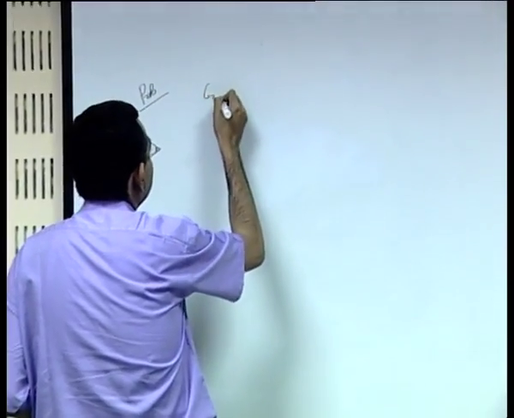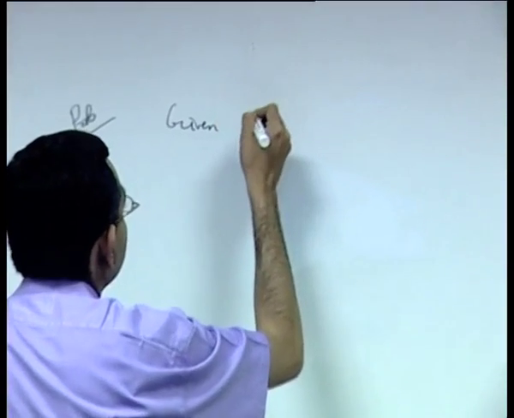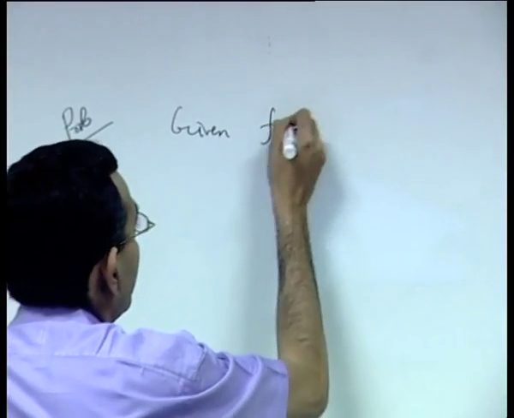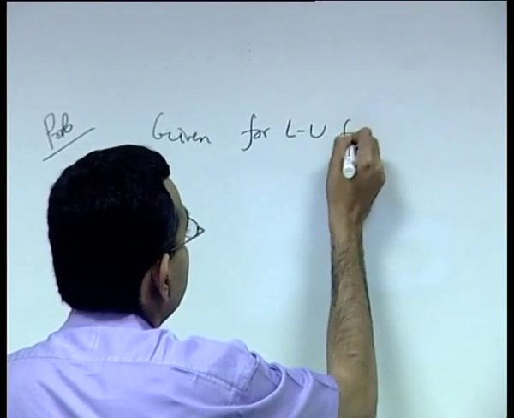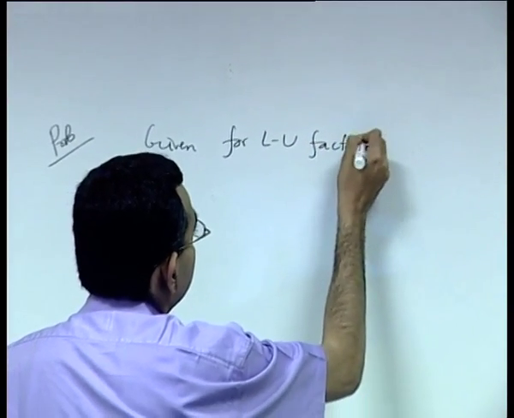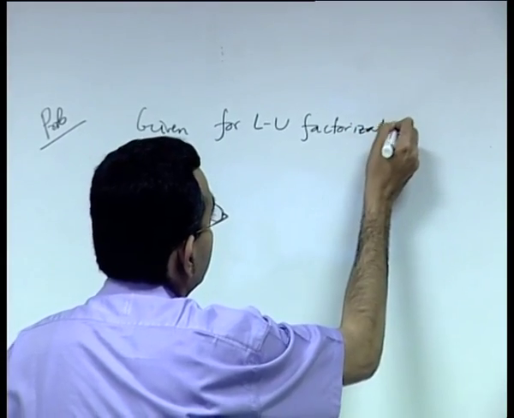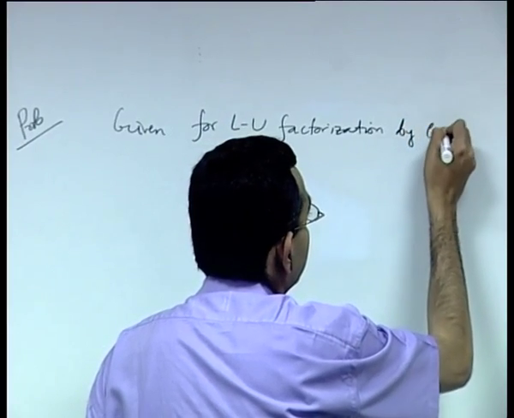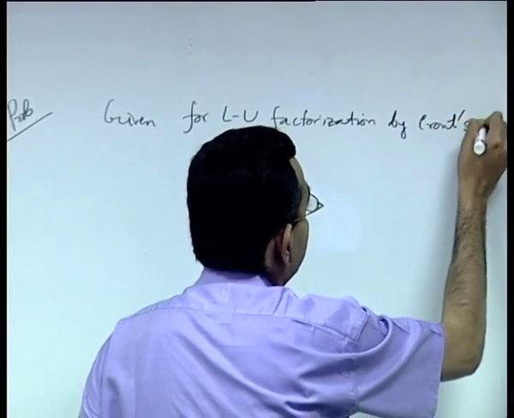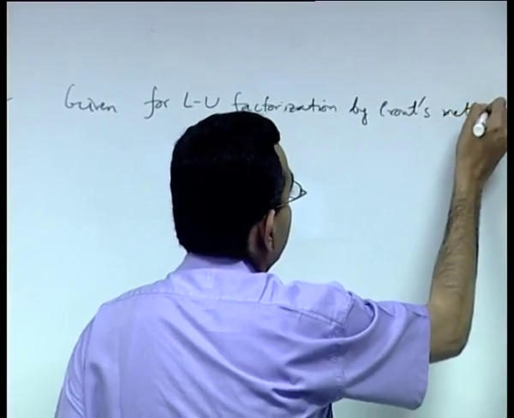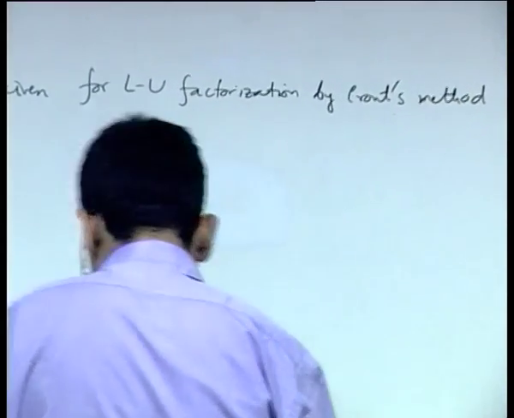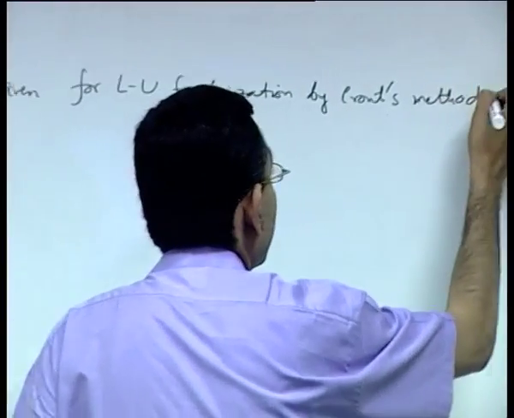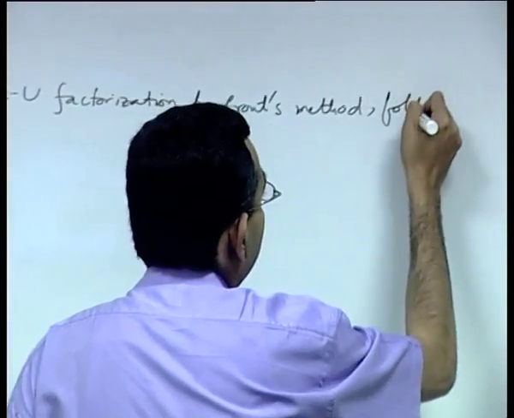So, given A, for LU factorization by Crout's method, the following steps are to be executed.